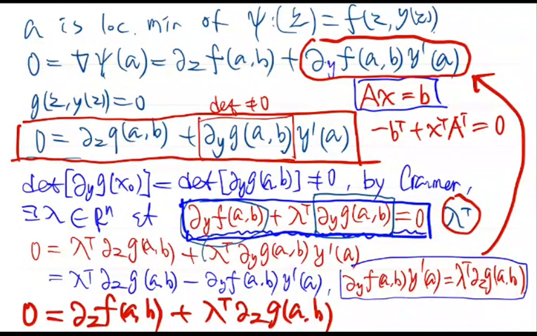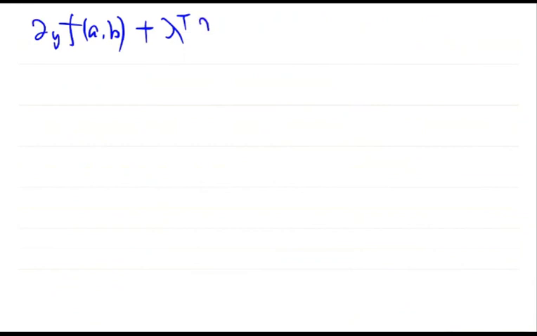We go to the next page, but we need to copy everything to the next page. For the equation for lambda transpose here, we use the Cramer rule to solve for lambda transpose: dy f at AB plus lambda transpose dy g at AB is 0.